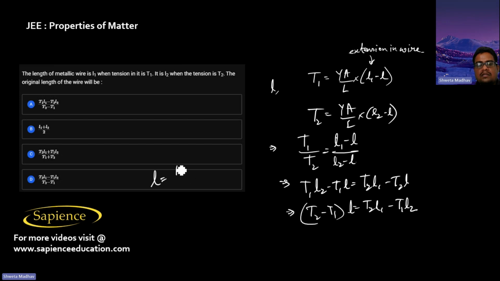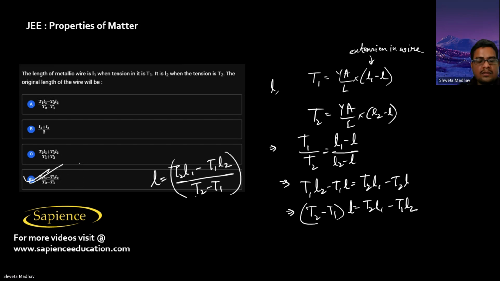So therefore L will be equal to T2 L1 minus T1 L2 by T2 minus T1. It means that option B is the correct answer.